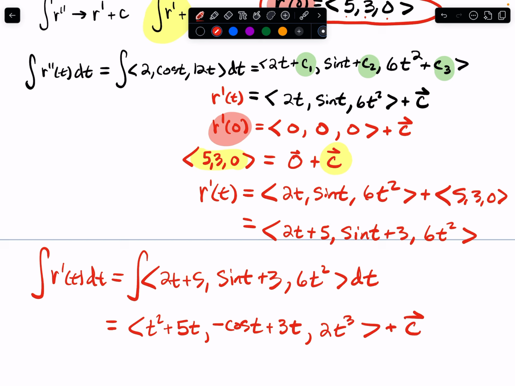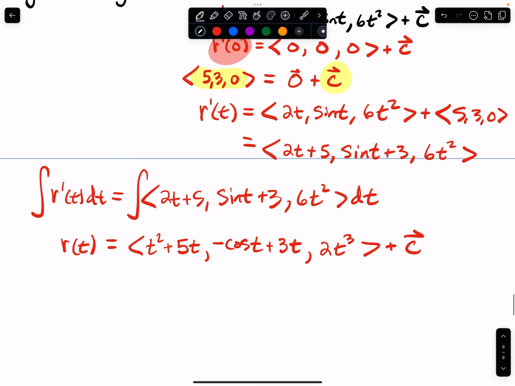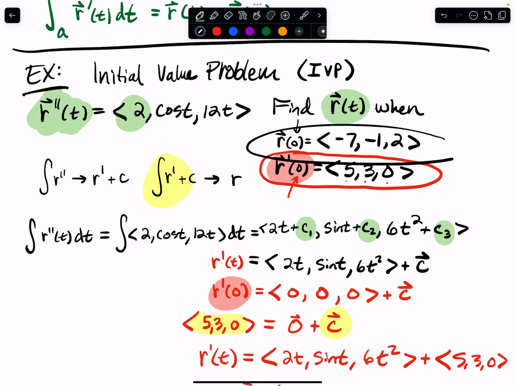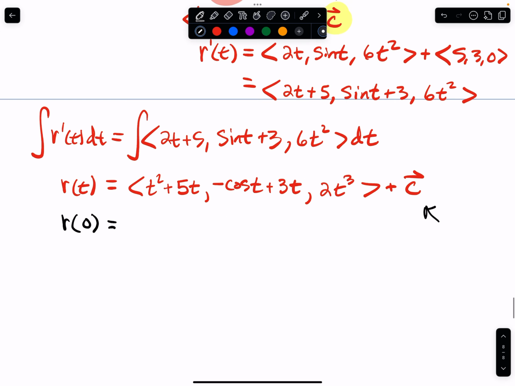Again, I need to figure out what the c is, because this isn't quite the answer. Initial value problem, they give us initial values. What do they give us? They tell us that r of 0 is equal to, what do they say? r of 0 is this thing right here that is negative 7, comma, negative 1, comma, 2.